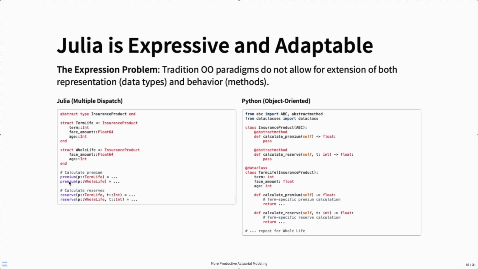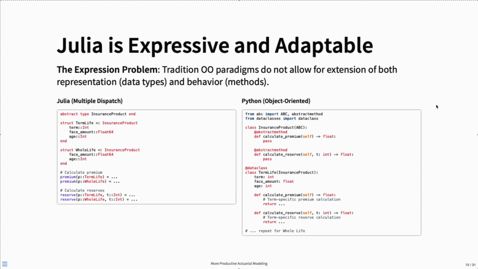2 example functions are premium and reserve calculation. So what is, say, the net premium requirement, and what is the reserve at a given point in time? This is how you would define basic data types and basic methods with Julia. With Python, generally the way you'd want to do this is implement an abstract base class. That abstract base class would have certain to-be-defined methods such as calculate premium or calculate reserves.